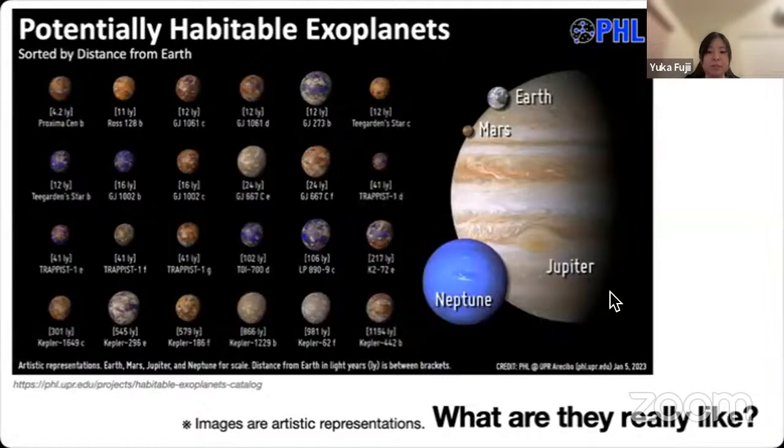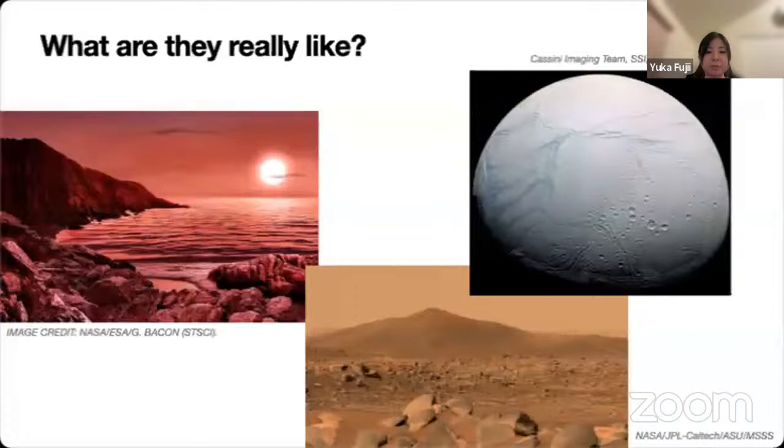For most stars, the only information we currently have is orbital distance and radius and/or minimum mass. The ultimate goal in the coming decades is to understand what these planets really look like. Some of them could be Earth-like watery worlds, maybe Mars-like worlds, and maybe icy worlds.